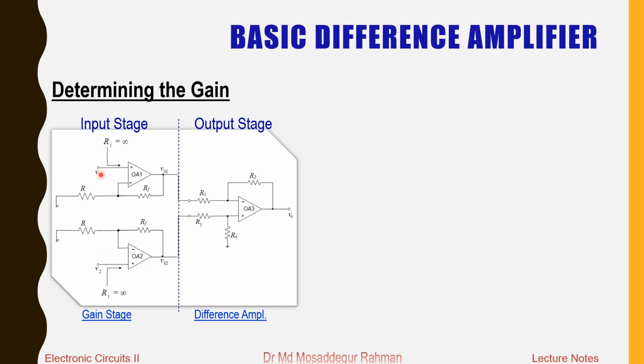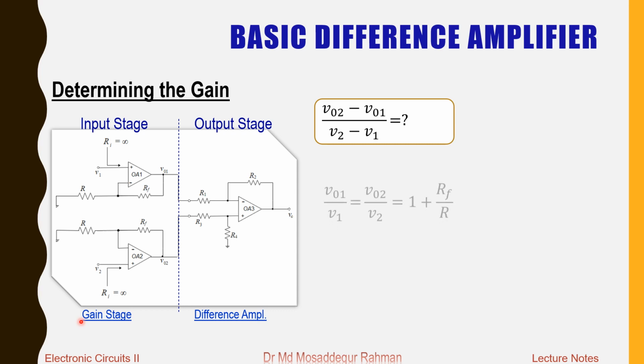Now the question is, what is the gain of the gain stage that we have added to our basic difference amplifier? So that is the gain that we are trying to determine, V02 minus V01, the output of the gain stage, divided by V2 minus V1, that is the input of the gain stage.